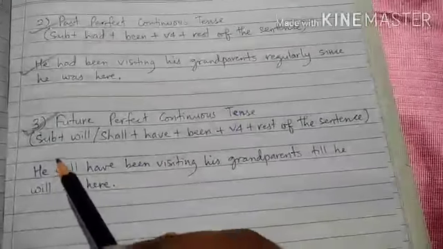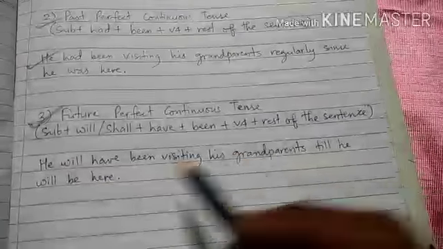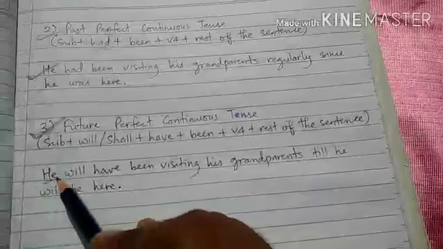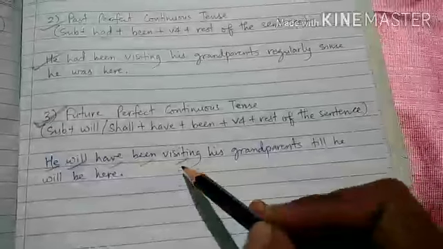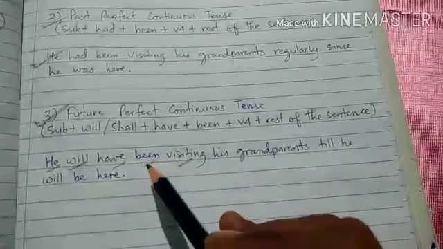Now see, he will have been visiting his grandparents till he will be here. So here, subject plus will plus have plus been plus verb-ing. Understood? So the requirement of the above forms are correctly used here.